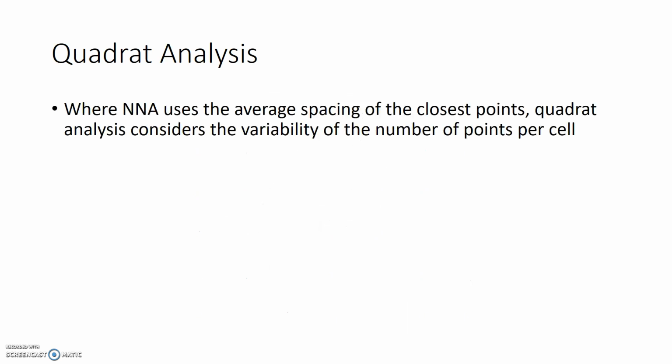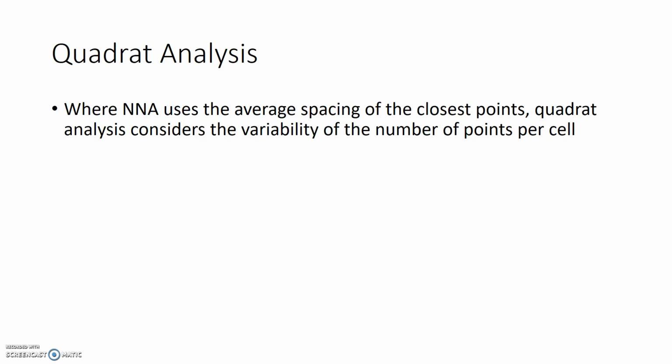Where our nearest neighbor analysis uses the average spacing between points, focusing on the closest point, quadrat analysis is going to look at the variability of the number of points from cell to cell. Going from grid box to grid box, we're going to count up all the points in each of them, and then look at how much that varies. Do we have a lot of boxes that are far different from the others?